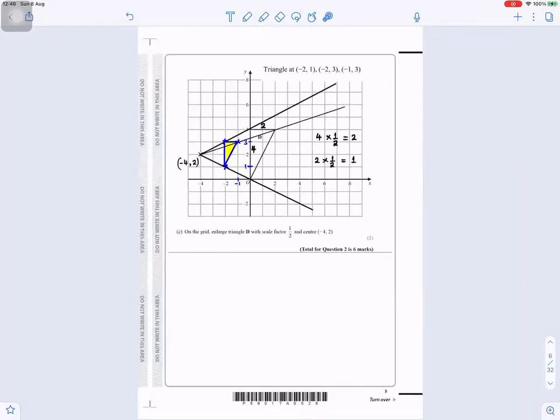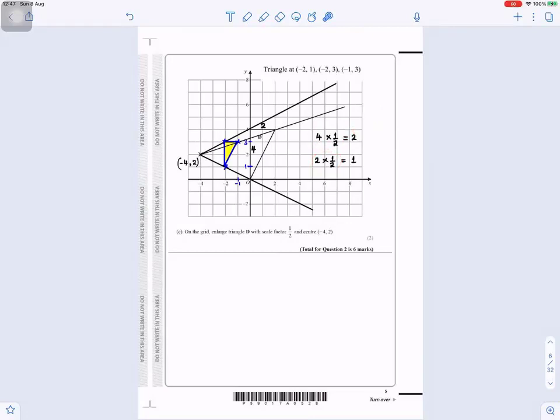And on the grid, enlarge triangle D with scale factor half and center minus 4, 2. So you can draw grid lines from the center, the guidelines. So you know your diagram will be in the guidelines. 4 times a half will give you 2. 2 times a half will give you 1.